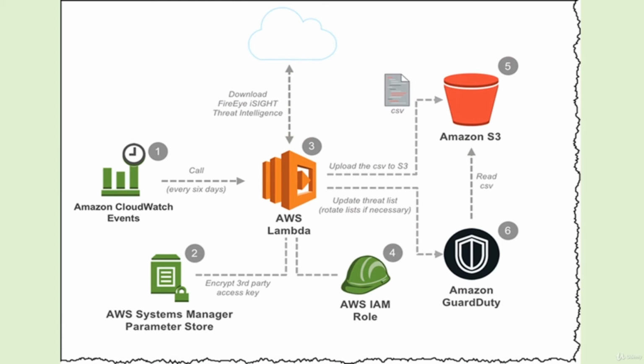When the CloudWatch event generates a call, let's say in 6 days, a week or more, and a Systems Manager Parameter Store encrypts a third-party access key, then we have a threat detection analysis from the site. We can download it and upload it to the Lambda.